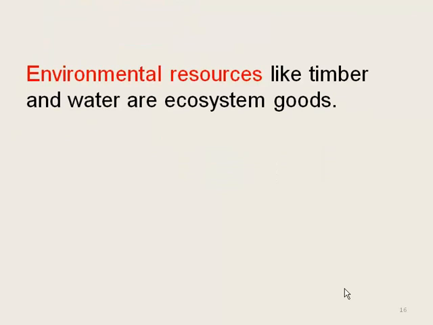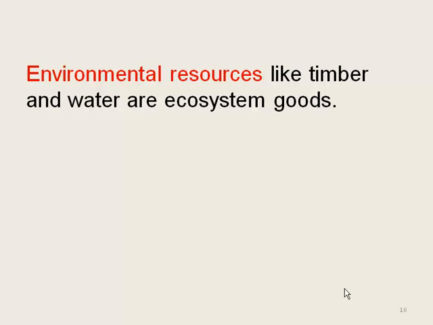Environmental resources are some that we're familiar with. Timber for paper production, for lumber and other wood products. Water. These are ecosystem goods. These are tangible forms of matter that we derive as humans from the environment around us. And they're resources.